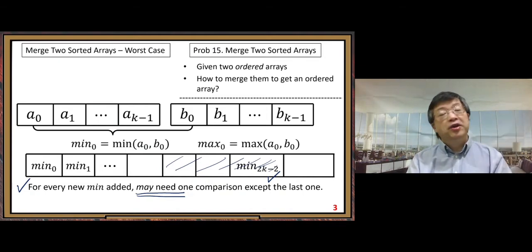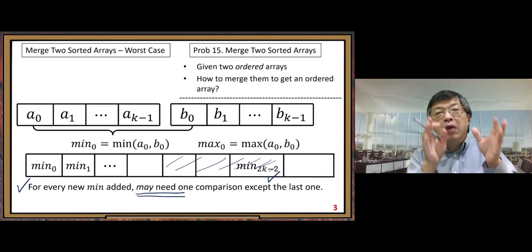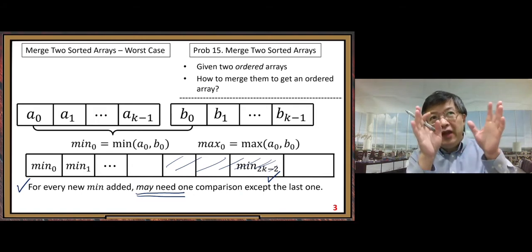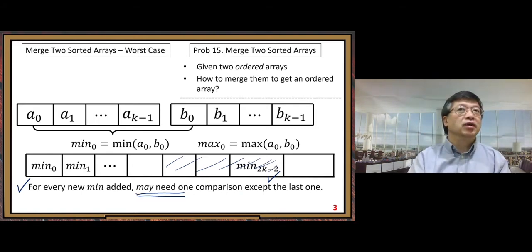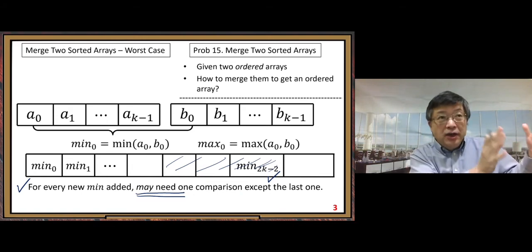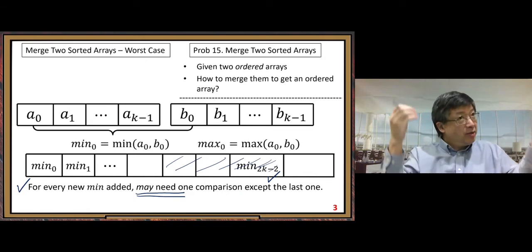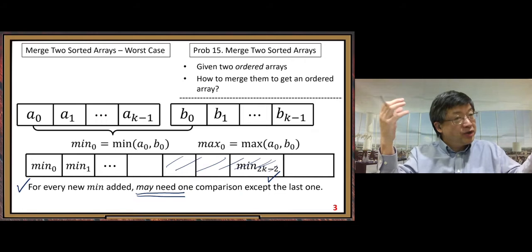You may not understand, some of you may not get the point here, because later when you see our best case and worst case, then you will get the point. The best case is the minimum number of comparisons we need to put all elements in place. The worst case is the maximum number of comparisons we need to put all the elements in place.